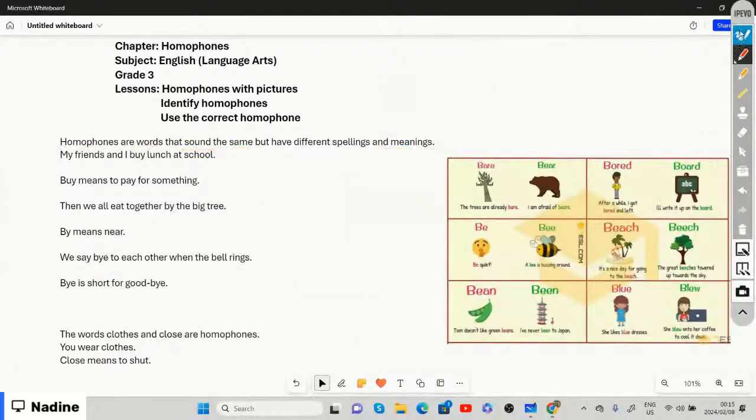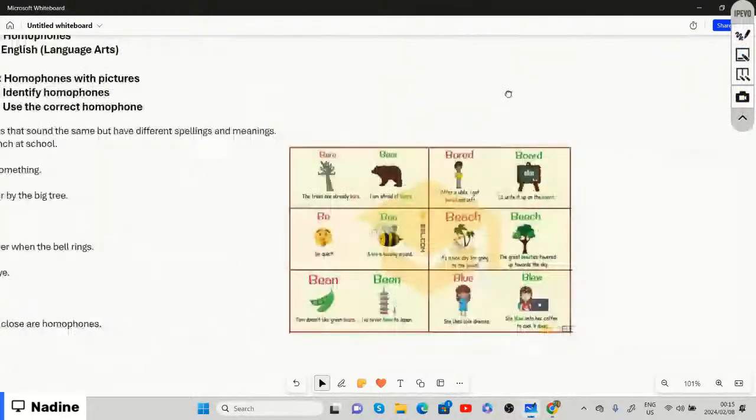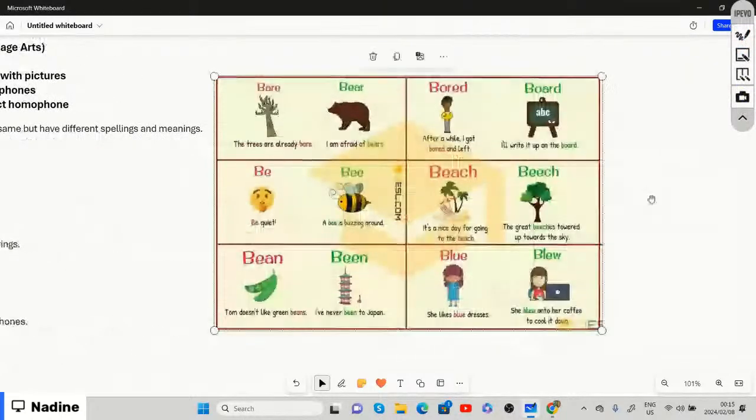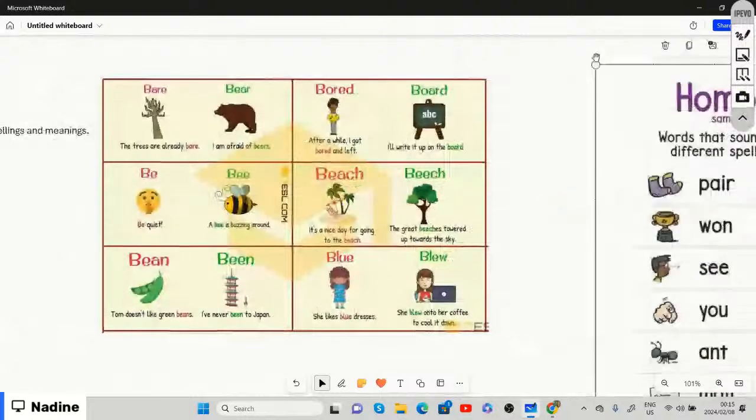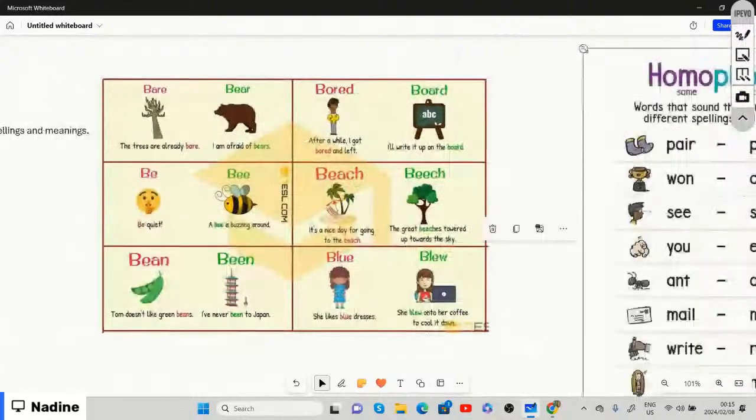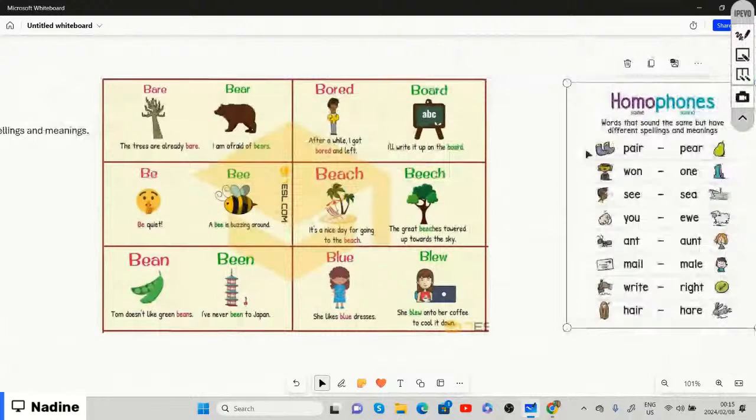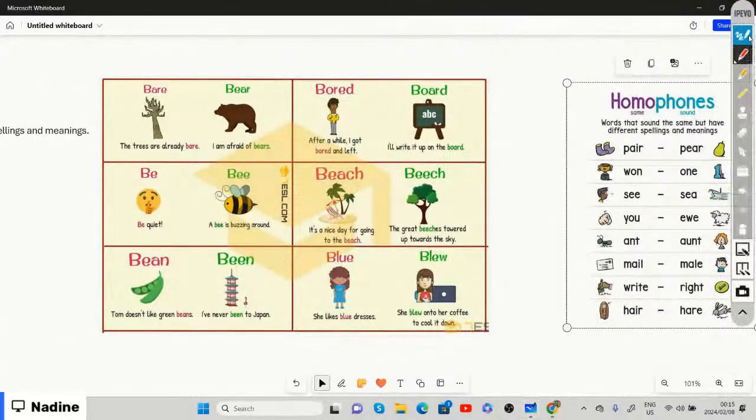All right, so now if we look at another example of homophones, here are a few more examples with a picture so that you can at least get a visual idea also. So we have bear, spelled BARE, and I'm going to spell the word so that you can see the spelling is different as well as the meaning.